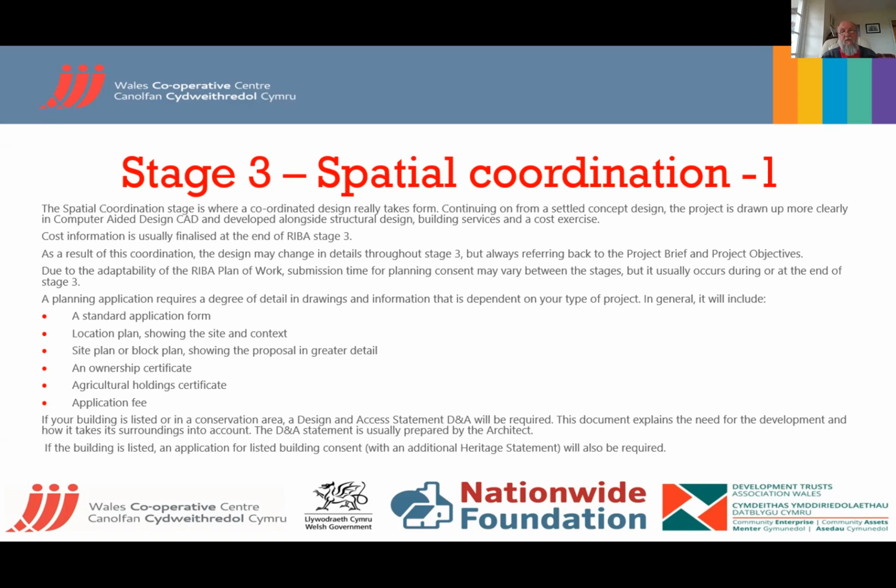So that's a wider concept than just the building itself. And the cost information is normally finalized at the end of this stage. But you always refer back to the project brief, your vision, to make sure you're still on track, or do you need to vary that?